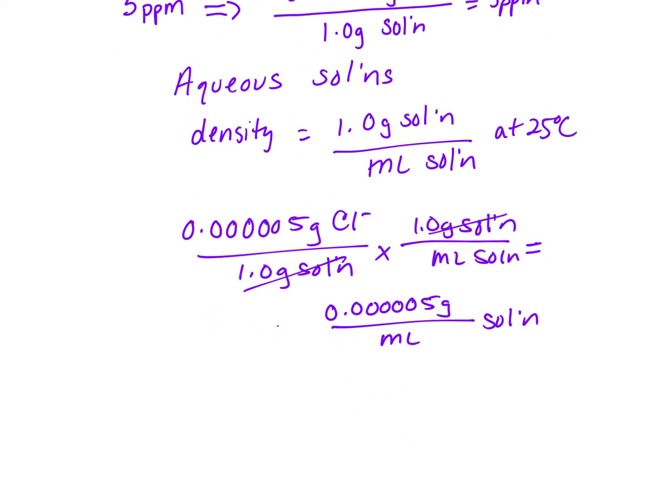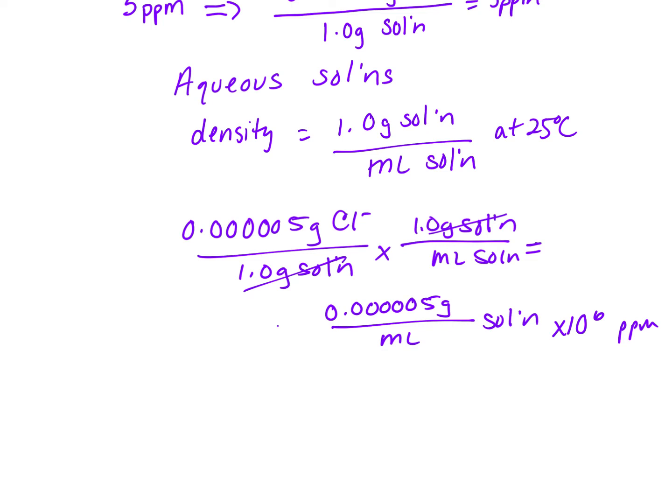Okay. But that's not the most convenient way of writing this, and this is times 10 to the 6 to get ppm. Because writing so many zeros is just somewhat inconvenient.